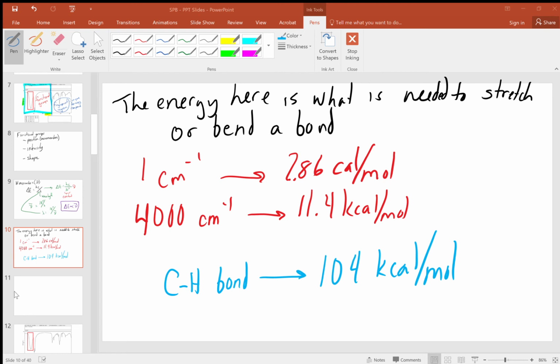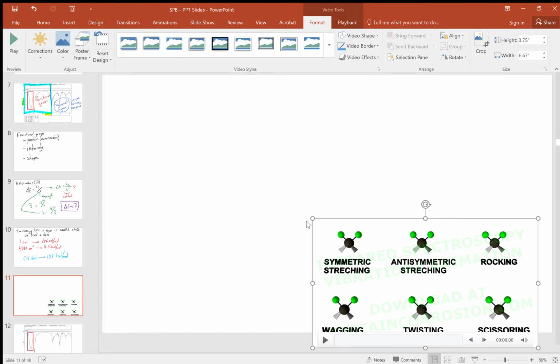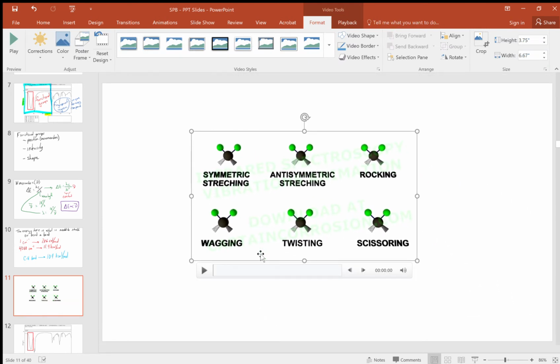So what does this process look like? Well, in this video, we'll watch this for a couple minutes. We see that there are 6 examples of different types of vibrations that can take place. There's symmetric and asymmetric stretching.